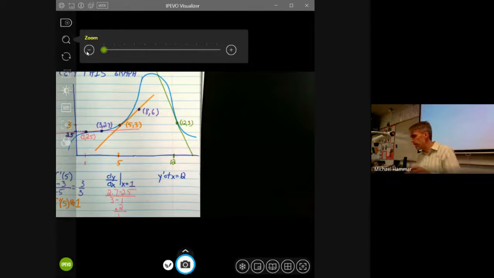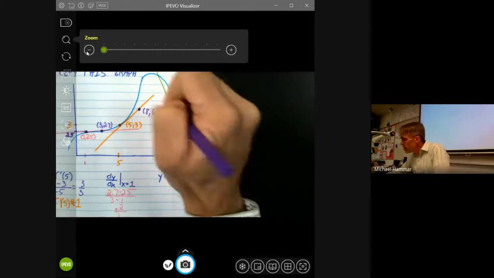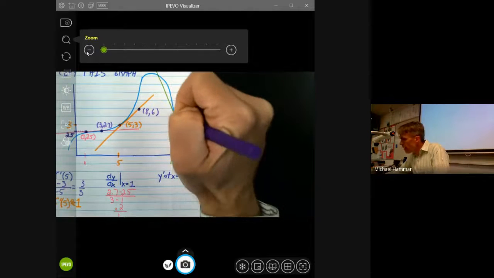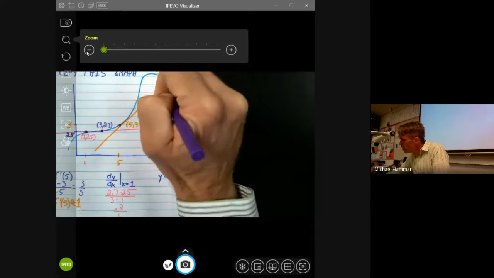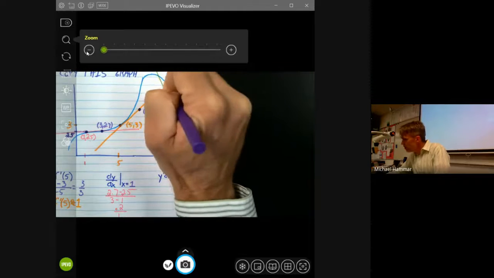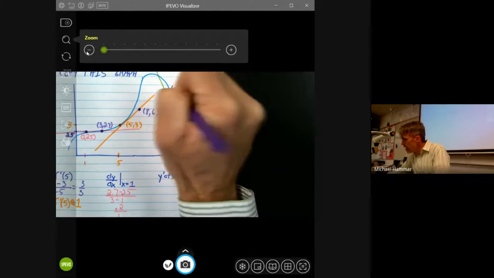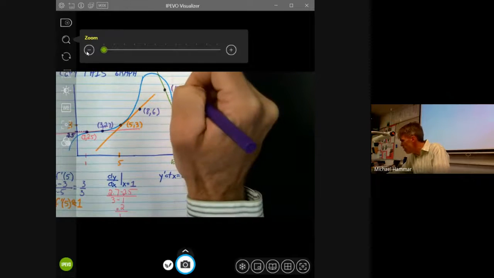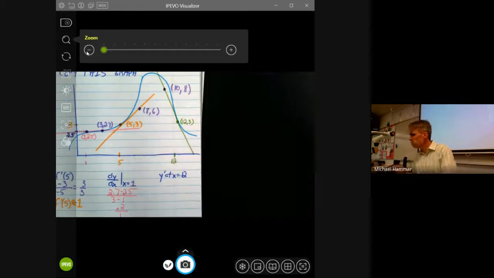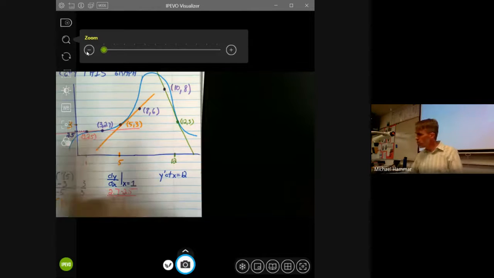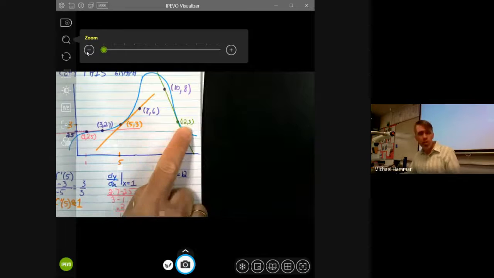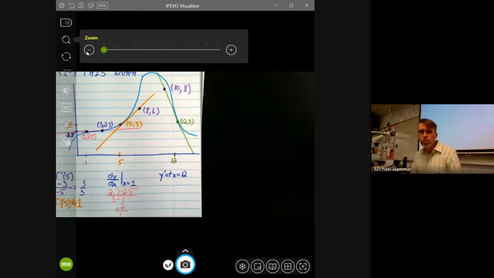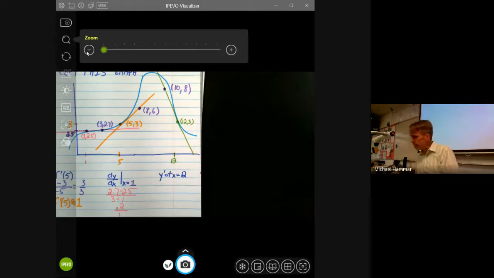Now, of course, you're going to have to find some other values. So if you actually had a graph, you would look here and go, right up here, it looks like it touches at 10, a y value of 8. So it touches at (10, 8) there. We're going to use this point and this point (12, 3), and we are going to estimate the slope of the line at that point.